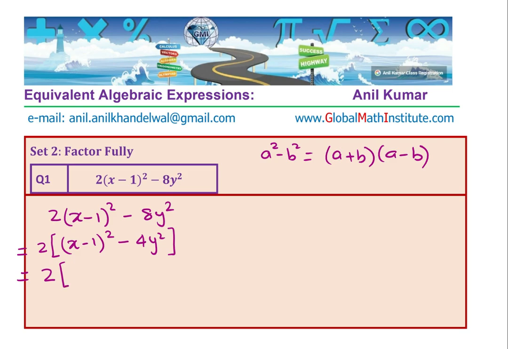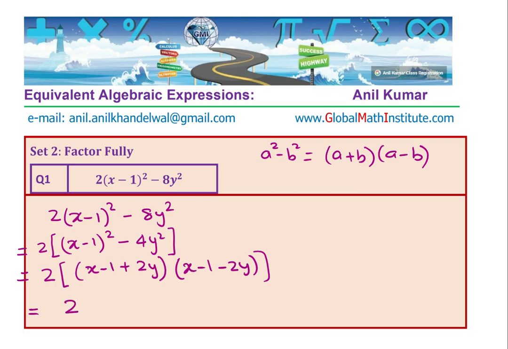So we have now sum of these two terms, which is x minus 1 plus what? 4y square is 2y whole square, right? So 2y times x minus 1 minus 2y, correct? So that becomes the final factored form for us.